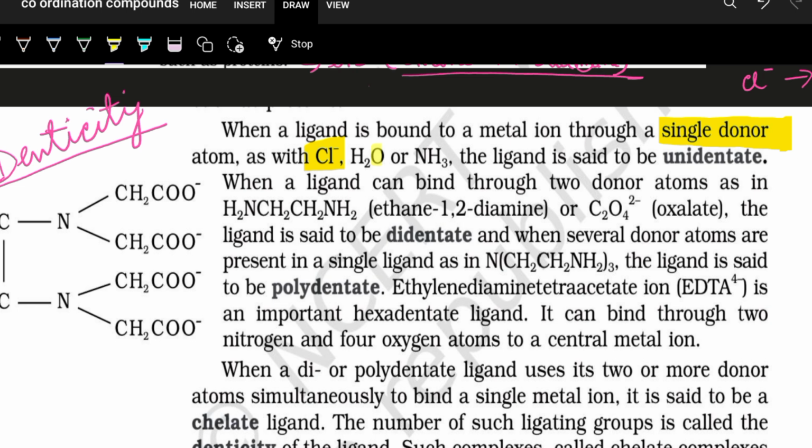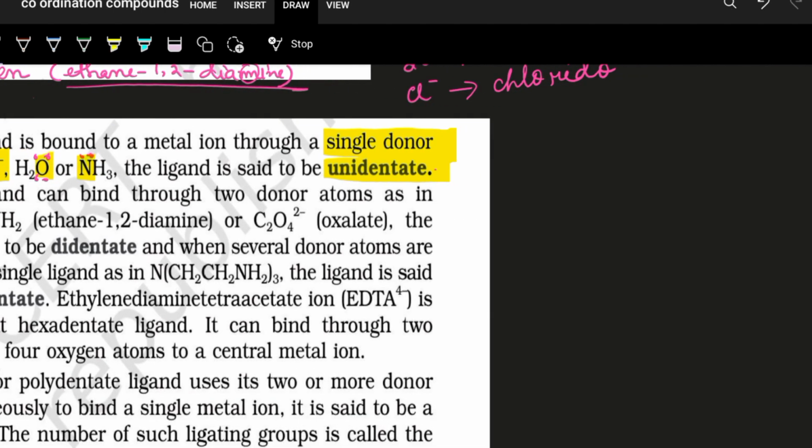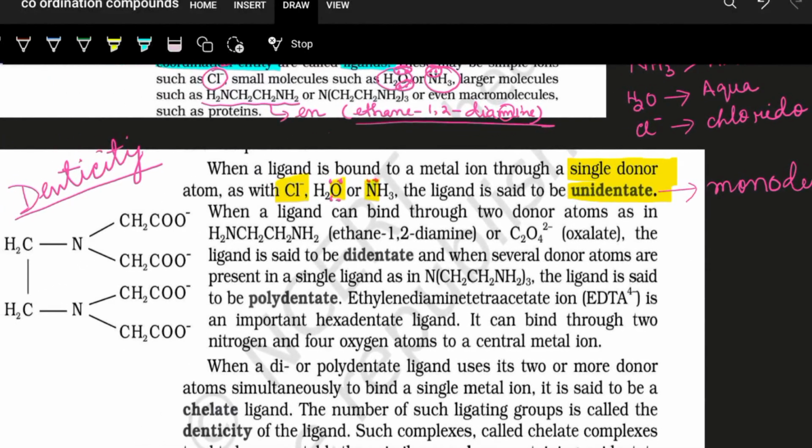In H2O, it is oxygen which has a lone pair. In NH3, it is nitrogen which has the lone pair. So the donor atom is nitrogen. Since it contains a single donor, it is known as monodentate or unidentate ligand. So denticity means how many coordinate bonds it is able to form.